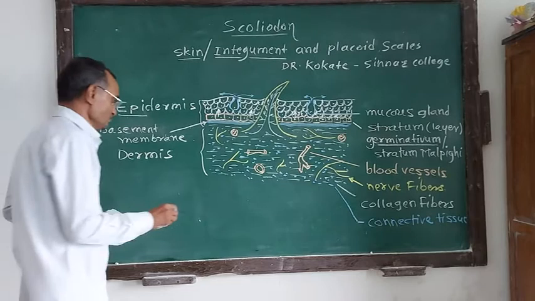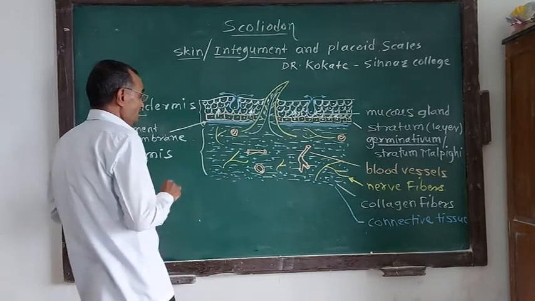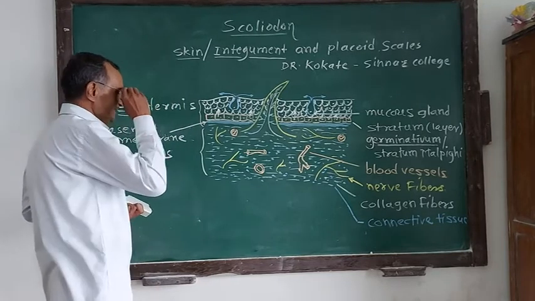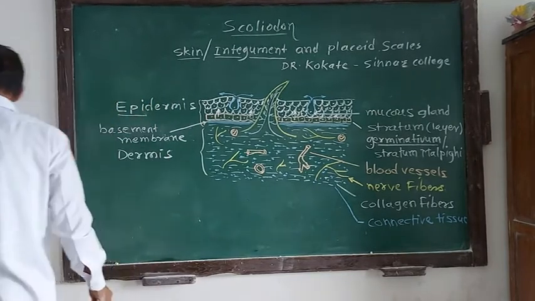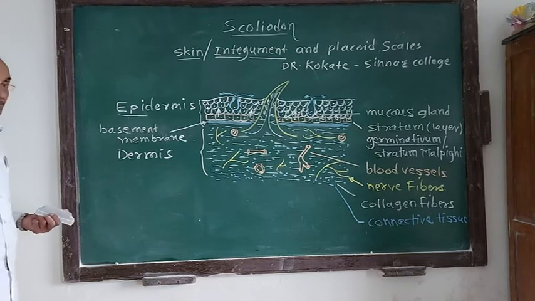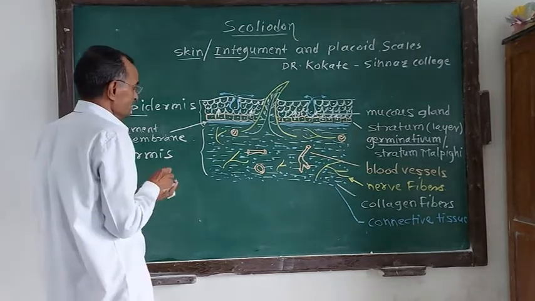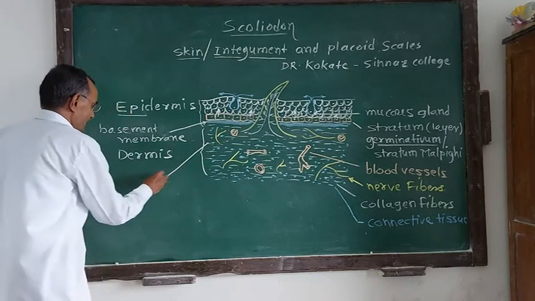Now one more thing that I have to mention here. The dermis has two layers. Which are those? The dermis is subdivided into two layers, and these layers are stratum laxum. So I label here stratum laxum.